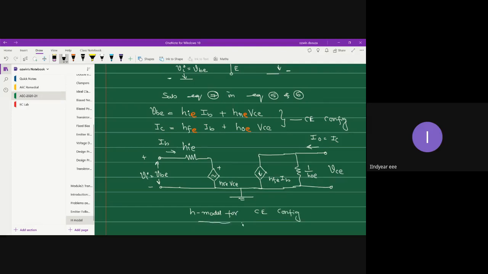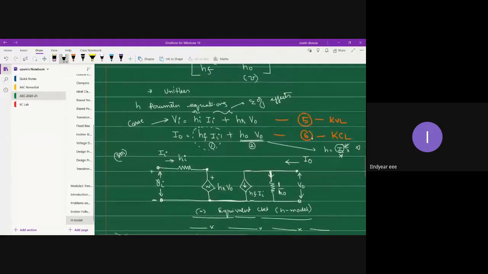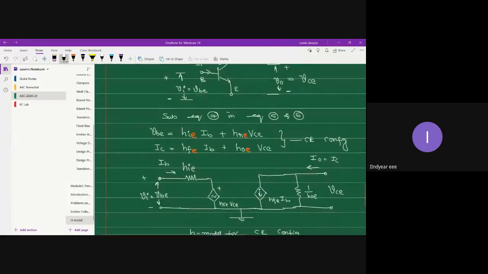In the exam, you may get a question like this: build an H model for common base configuration. What you have to do is come till equation 5 and 6, and then say what the input current, input voltage, output current, and output voltage are for common base configuration.